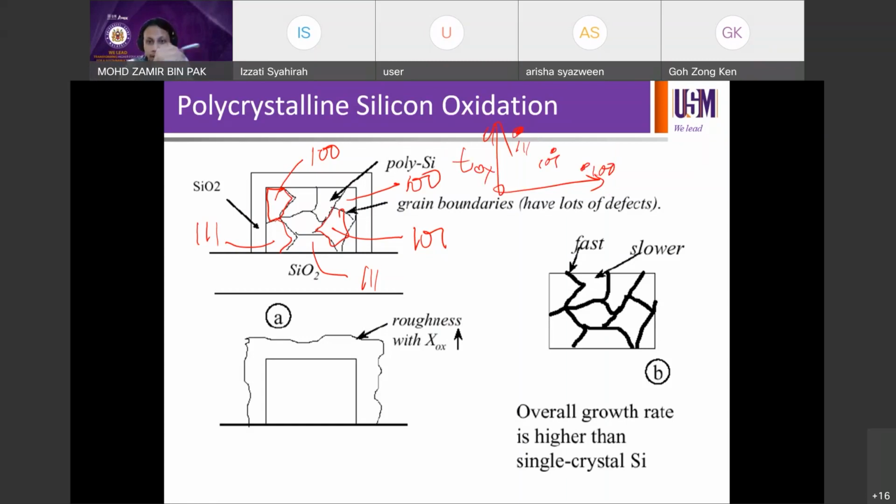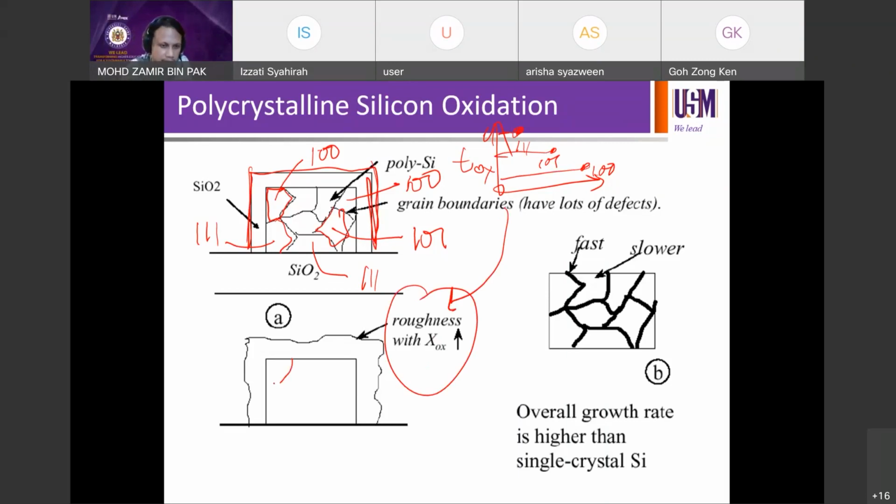As a result, we're going to get a different growth rate throughout the polycrystalline silicon. You grow oxide outside that reacts with silicon, just like we learned in the growth model. Due to this different growth rate, we're going to get a very rough oxide encapsulating the silicon.